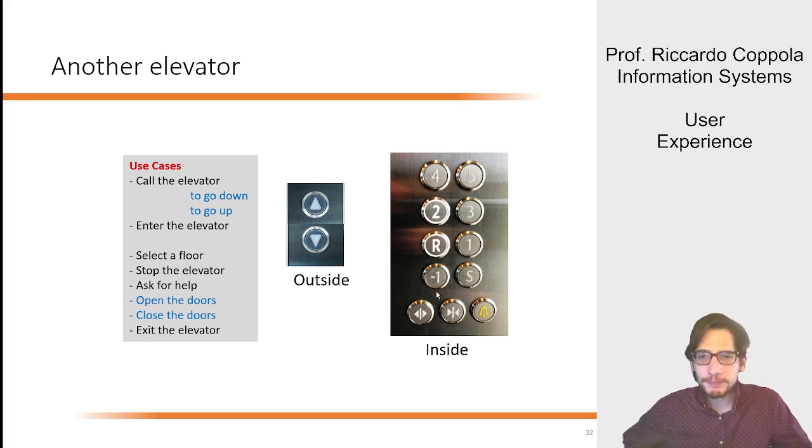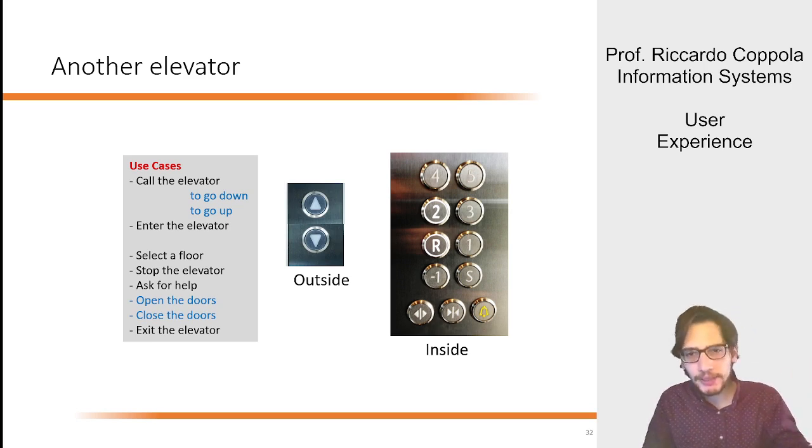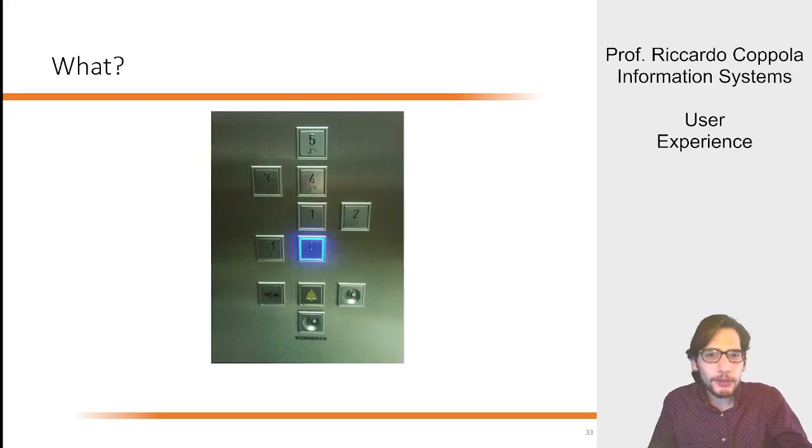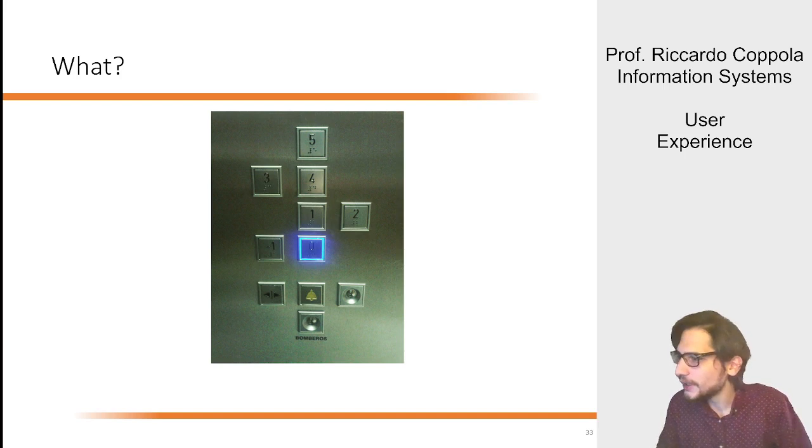So as you see, in the trivial example of an elevator, I have my use cases and I create user interfaces to cover these goals. Of course, I can have even interfaces that are not so clear. For some reason, they developed these floors, this position, in this way.